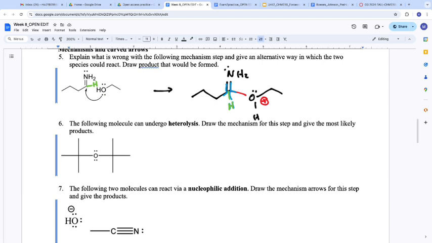Okay? So is there an alternate way in which we could react these two species? You get a couple different options that you can pull off out of this. Officially, there's actually something wrong with the structure to begin with. So let's try that. Take a look at that starting drawing. What's wrong with it?